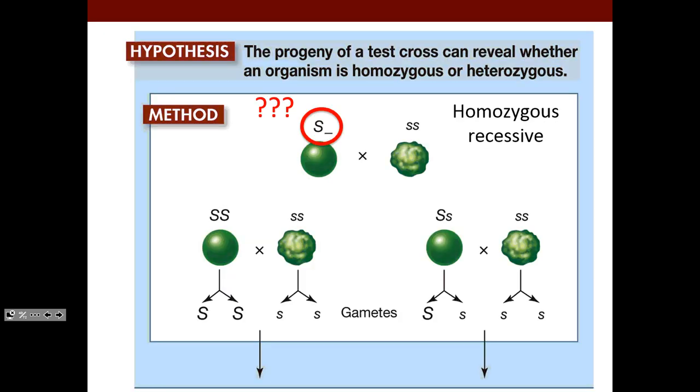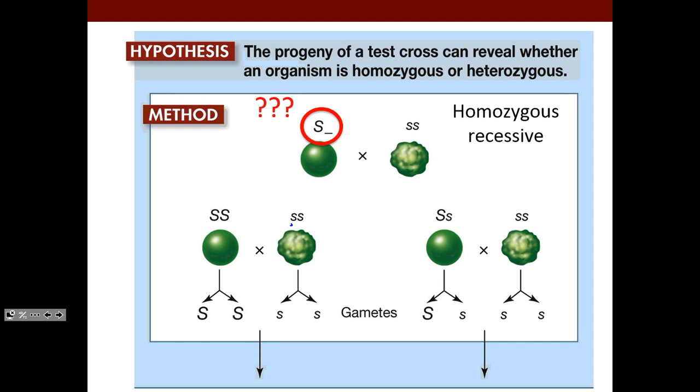So we could say that we've got some round green seeds, and in this case, shape round is dominant. And we want to know if this individual is big S, homozygous dominant for the shape allele, or little s, homozygous recessive. So we can cross this individual with a homozygous recessive individual, right?